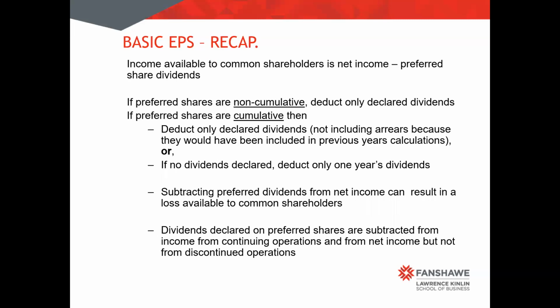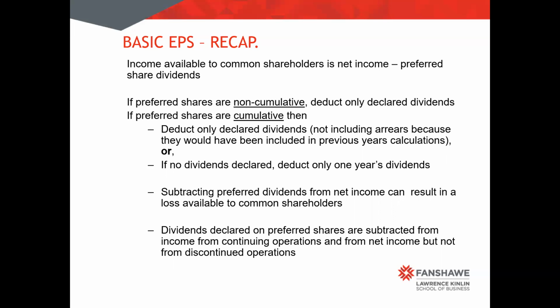Under the basic side, the income available to common shares is net income, less any preferred share dividends. If the preferred shares are non-cumulative, we only deduct declared dividends. If they are cumulative, then we need to deduct declared dividends, but not including arrears because they would have been included in previous year calculations.